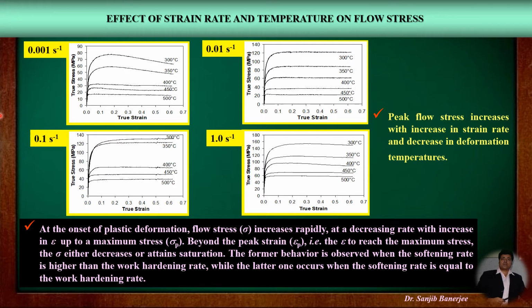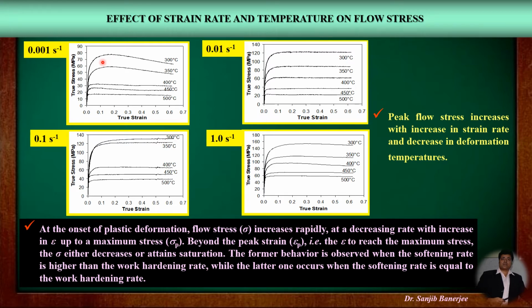From these flow curves, two major observations were derived. The first observation is, at the onset of plastic deformation, the flow stress sigma increases rapidly at a decreasing rate with increase in epsilon, that is strain, up to a maximum stress, that is sigma p, which is called the peak flow stress.